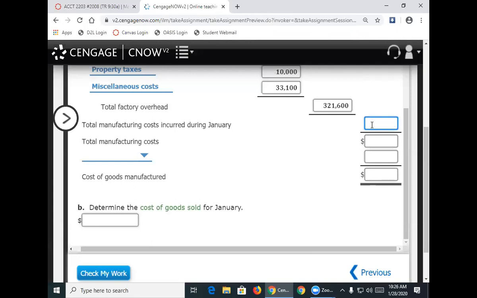I apologize. I didn't have that one written on my T account on my notes. So total manufacturing costs incurred in January, materials, labor, and overhead only, 3,991,100. I was skipping ahead.